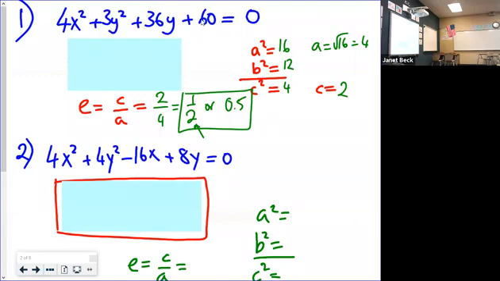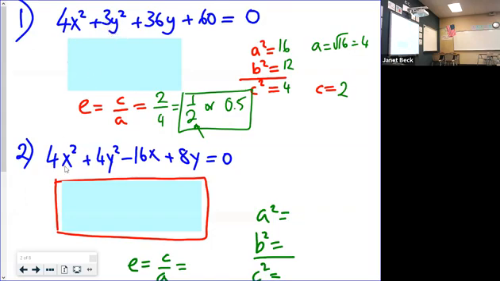After you finish completing the square, subtracting 60 from this side and adding 4 times, was it 36? No, it was 3 times 36 from here and 4 times nothing from this one. You end up with a number that you have to divide through. And the 4 would simplify with that number differently to how the 3 simplifies with it.